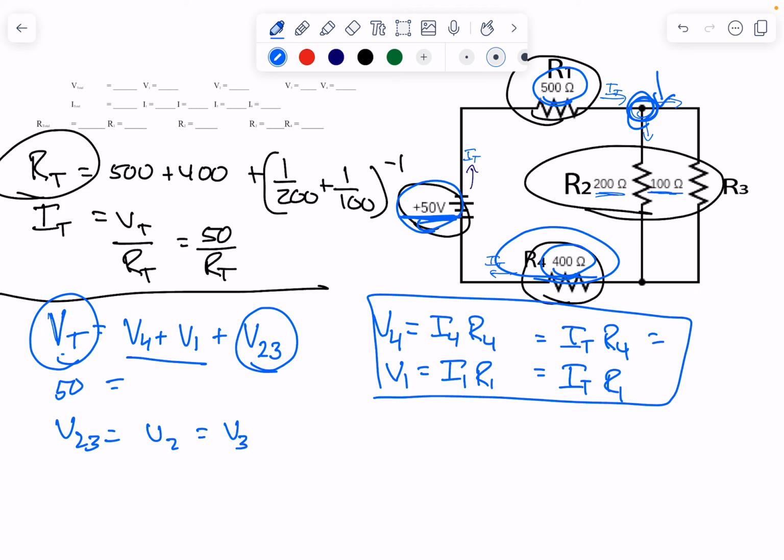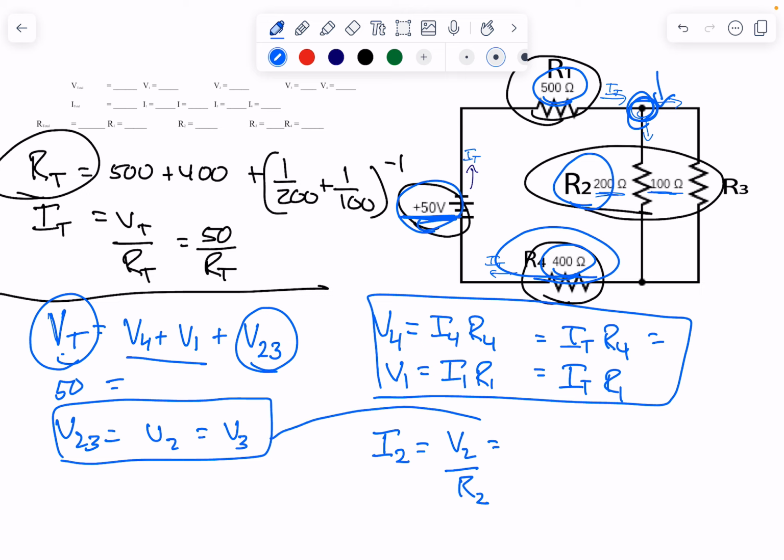And then what you can do to find the current in this branch with 200, so I2 would be equal to V2 over R2, right? Or times. That's right. And so this will be whatever you got here.